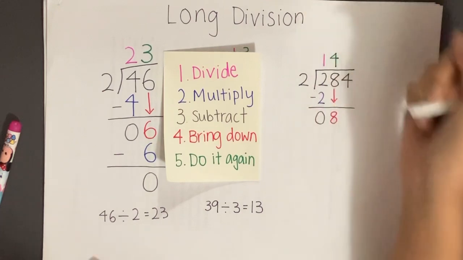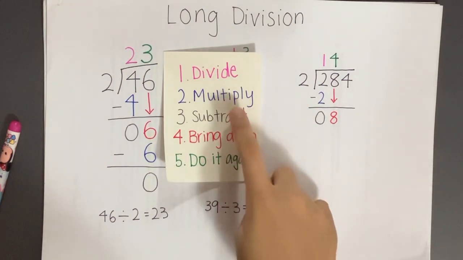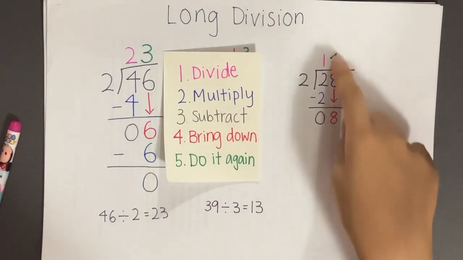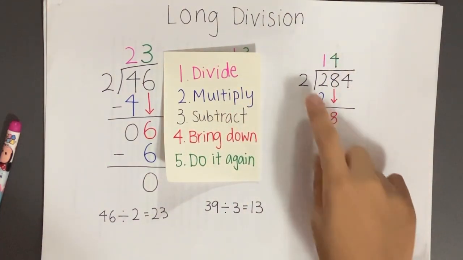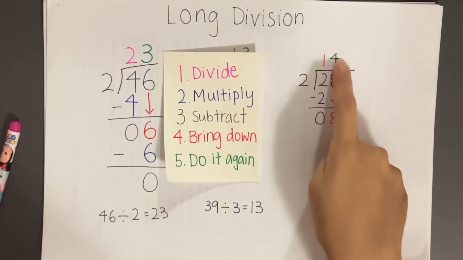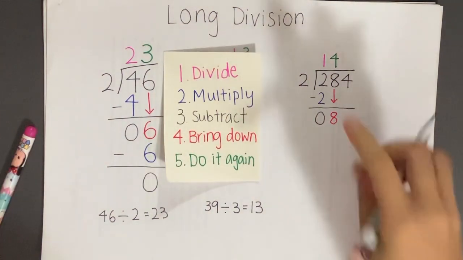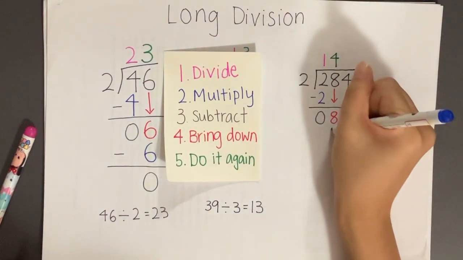4. I'm at my second step now. And since I'm in my tens column, I take 2 multiplied by 4. So 2 times 4 gives me 8. So in my tens column, I would write 8.